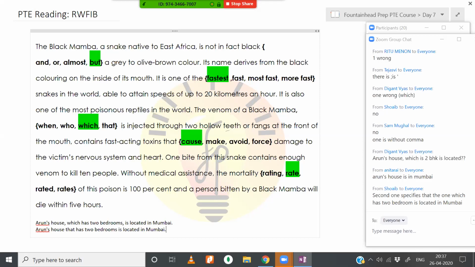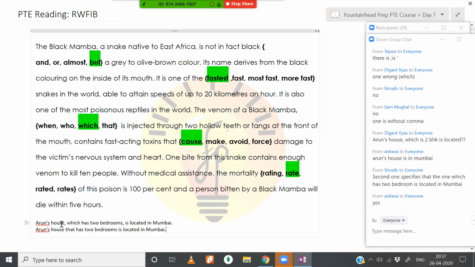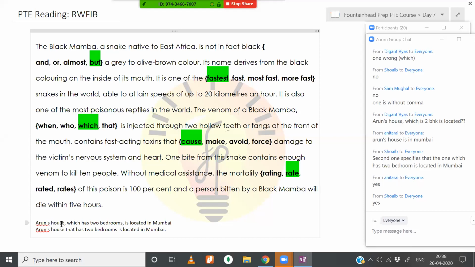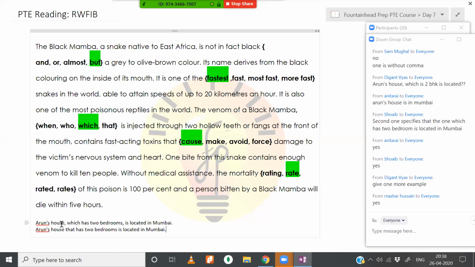So there is a subtle difference between these two. The easiest way to observe: Arun's house, which has two bedrooms, is located in Mumbai. The second one specifically points to the house that has two bedrooms. Is this clear to all of you? The first one doesn't have any specificity with regards to the bedrooms.